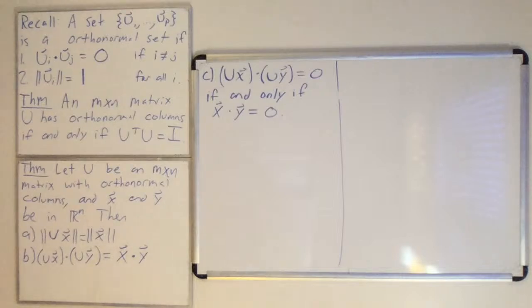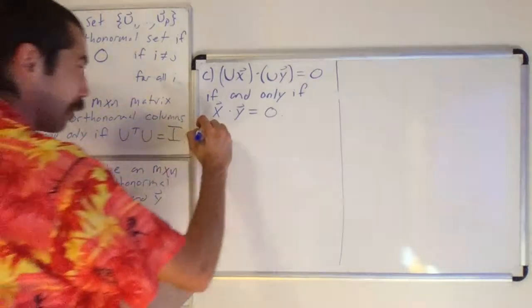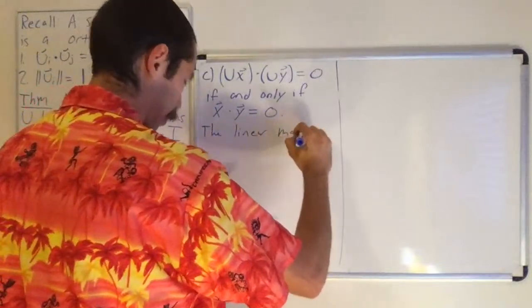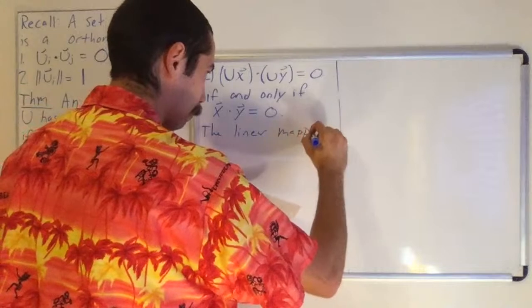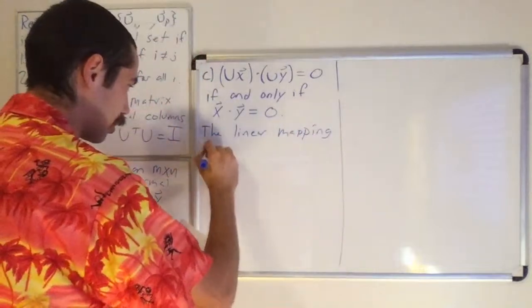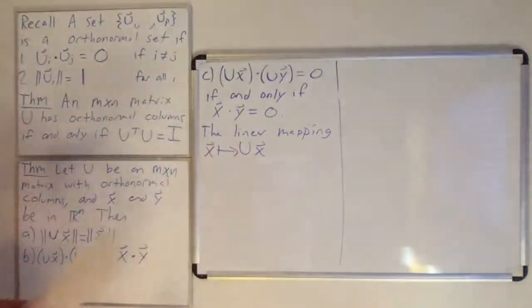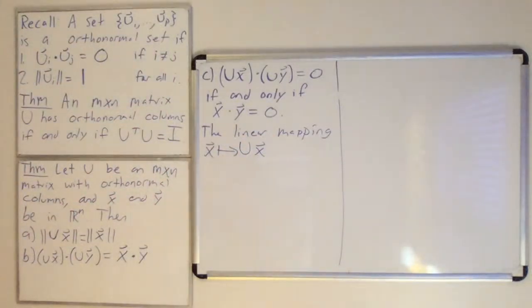It says, basically, the linear map which sends x to Ux preserves length and it preserves orthogonality.